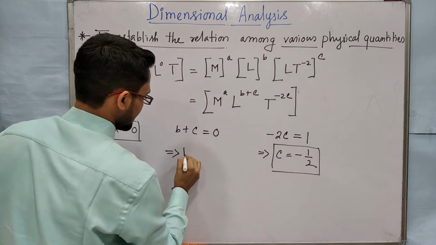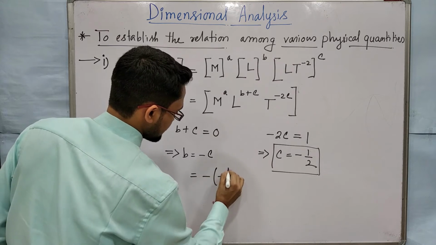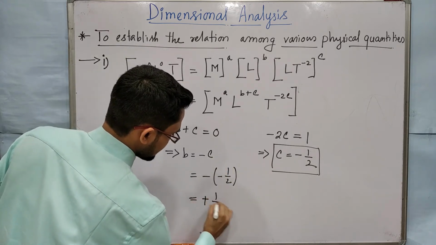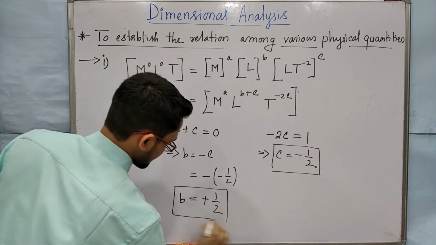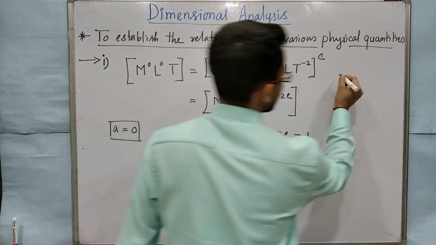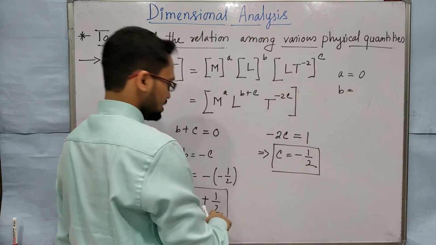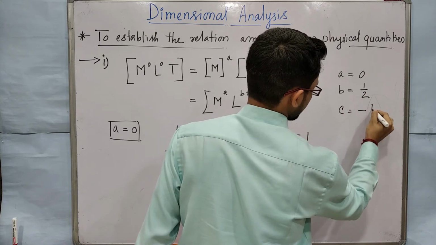And b is minus c, so it will be minus of minus half, which means plus half. So b is plus half. We got the three values a, b, c. I am writing it here: a equal to 0, b equal to half, c equal to minus half.